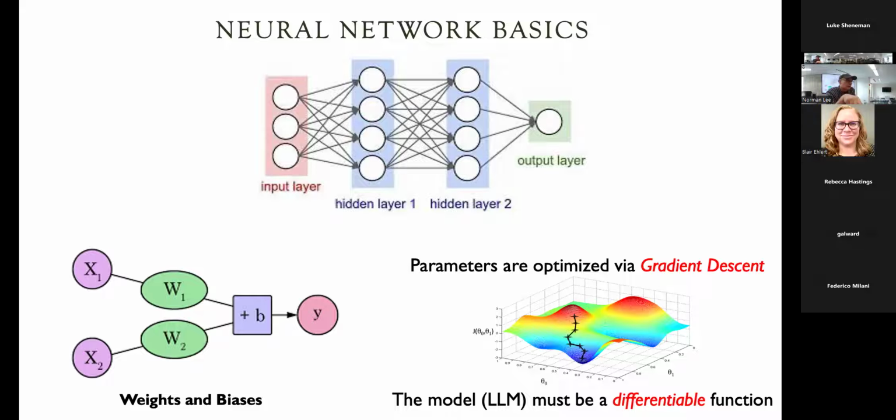For gradient descent to work, the model has to be differentiable, which means you have to be able to take the derivative of the parts of the model at every point. As long as you can do that, you can use gradient descent and optimize iteratively by passing your data through the model repeatedly, tweaking those knobs and dials through gradient descent, so you can improve and learn from your data.